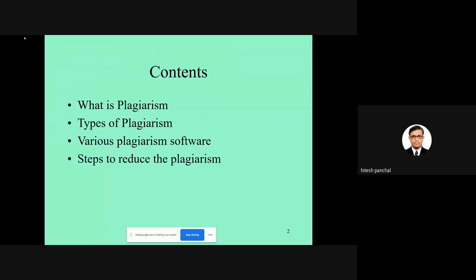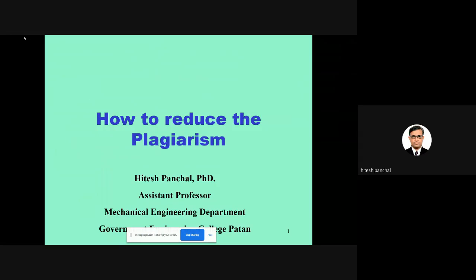So yesterday we have already discussed how to write a research article. Now the next topic is how to reduce plagiarism. Day before yesterday, you already learned about plagiarism. But as a researcher or as a professor, you must know how to reduce it if plagiarism is found.